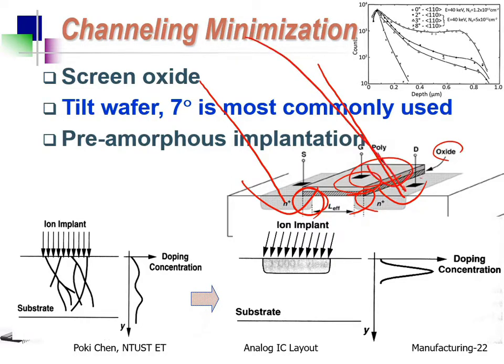If you implant in this direction, this area will be shaded by those two layers. So the side effect is smaller on this side and larger on the other. That's it. That's the secret.